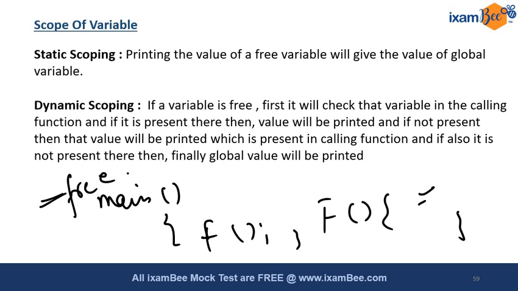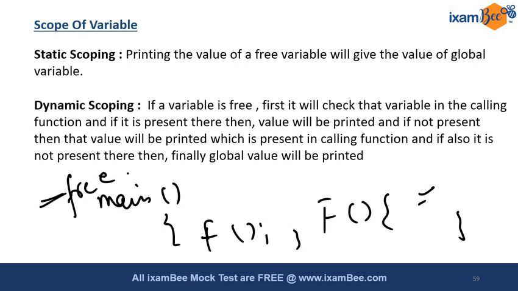If it is not defined there, the compiler will go and check in the main function. If it is not present in the main function, that is the calling function, then we check for the free variables that have global scope, which are defined outside main. So this will be the order: first we go for local and then we go for the global one in the dynamic.